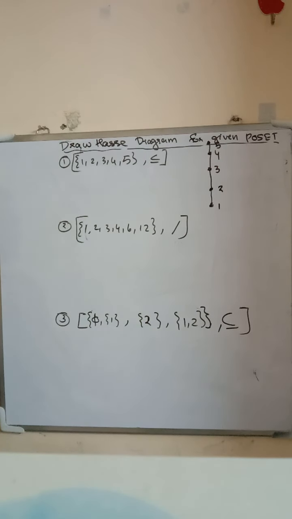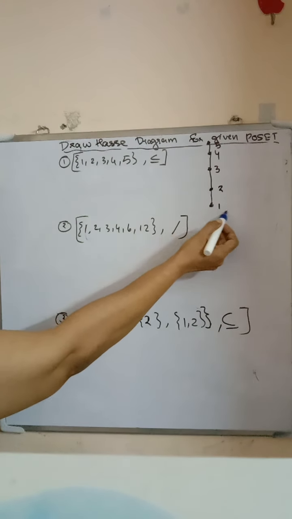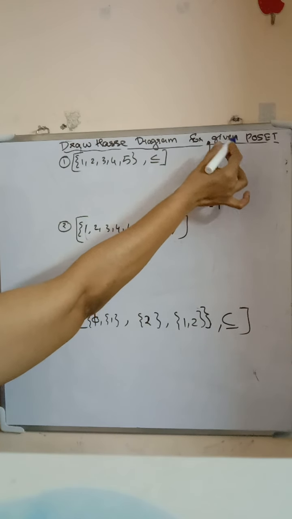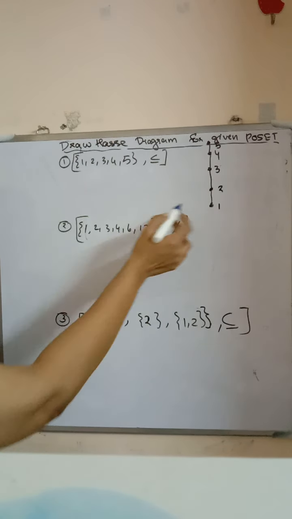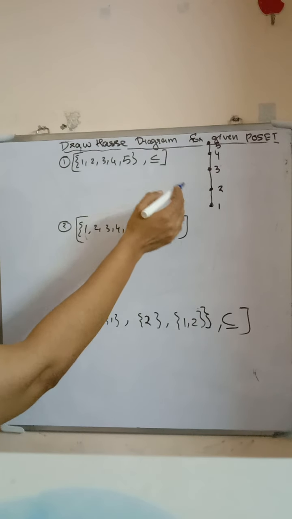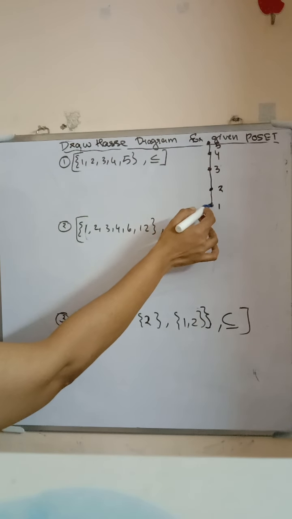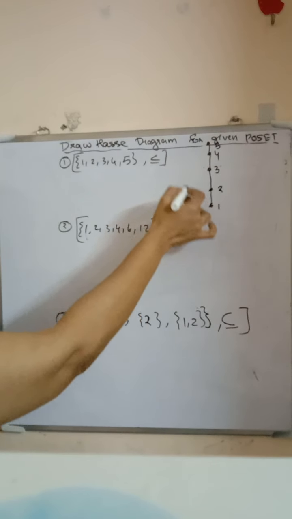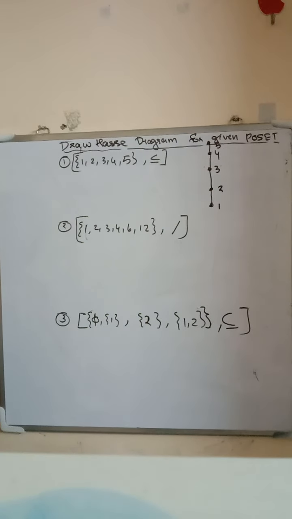In this Hasse diagram, it is clear that 1 is related to 1, 2 to 2, 3 to 3, 4 to 4 and 5 to 5. Also, the Hasse diagram shows a partial order relation, so it is transitive. So 1 is related to 3, 2 to 5, also 1 to 4. This is the Hasse diagram representation.